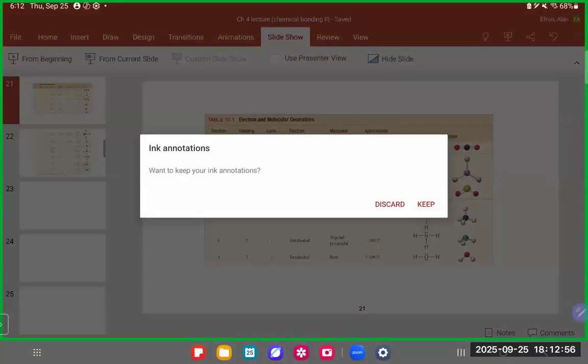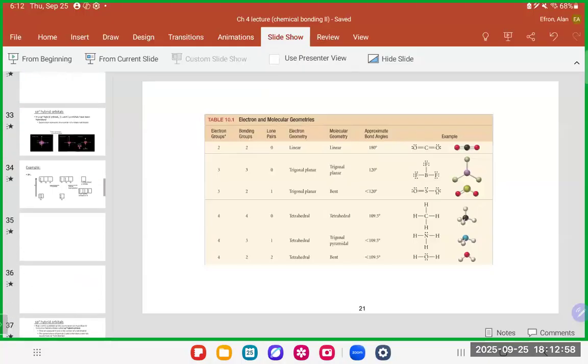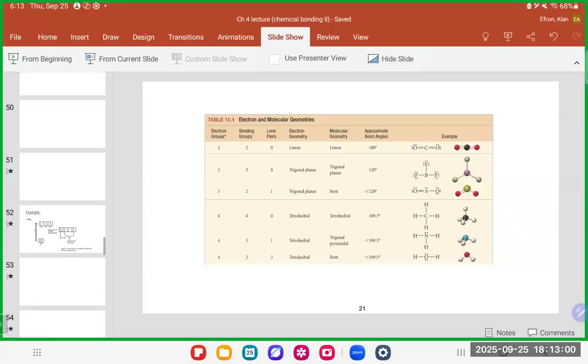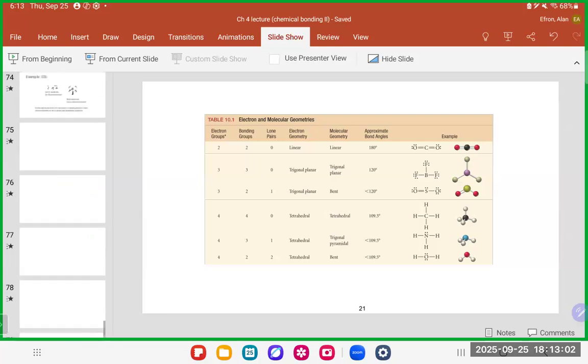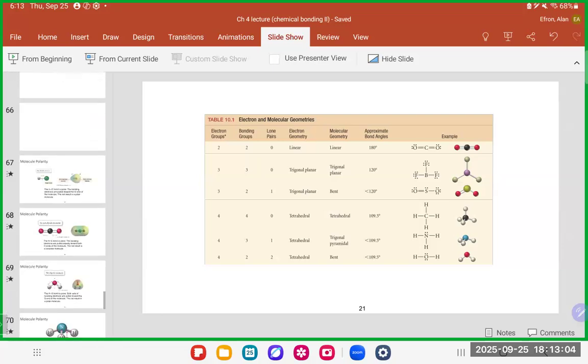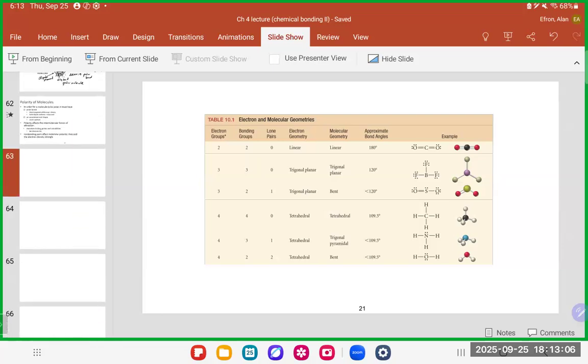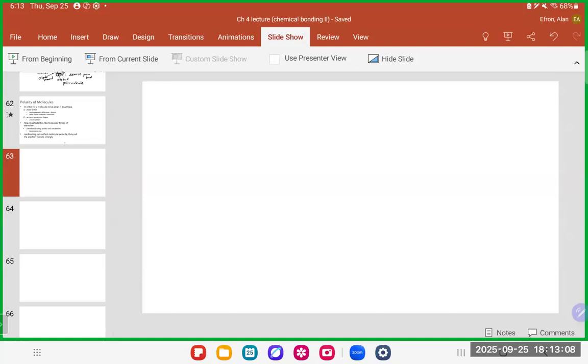Let me go back to where we were, I think. Where were we there? Here, I think. Let's go here. All right, so if we take a look at some of the stuff that we've drawn before, just hit a few here.